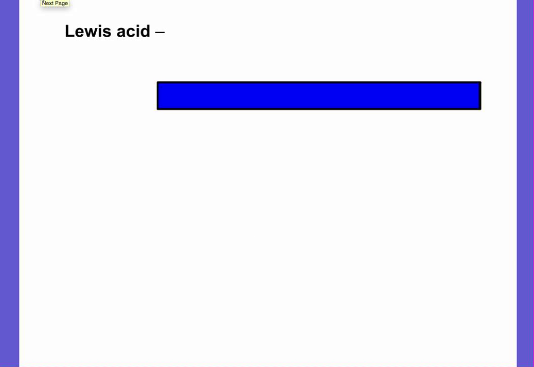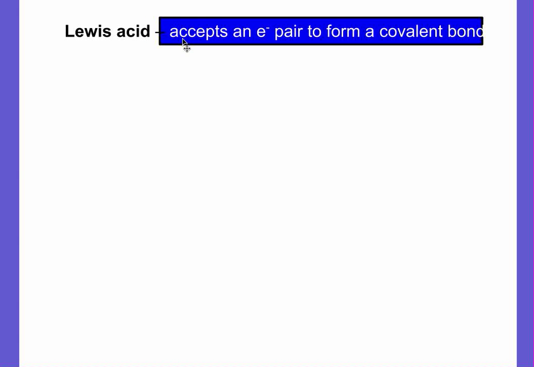Okay, Lewis acids. A whole nother definition for you to learn. You're probably loving this by now, right? There's a whole different scenario, a different way of looking at this. Lewis acids accept an electron pair to form a covalent bond. So remember how I told you when you had that free proton in solution, it doesn't stay that way.